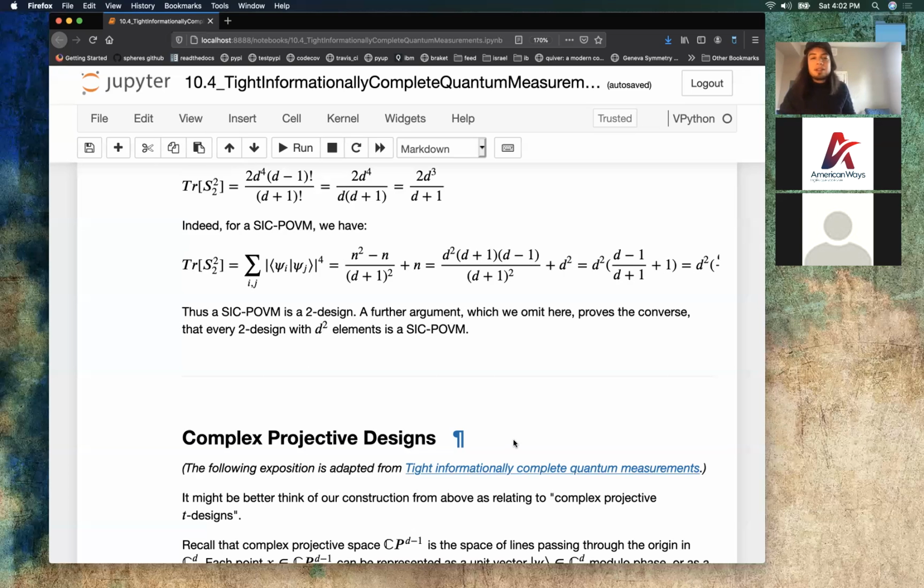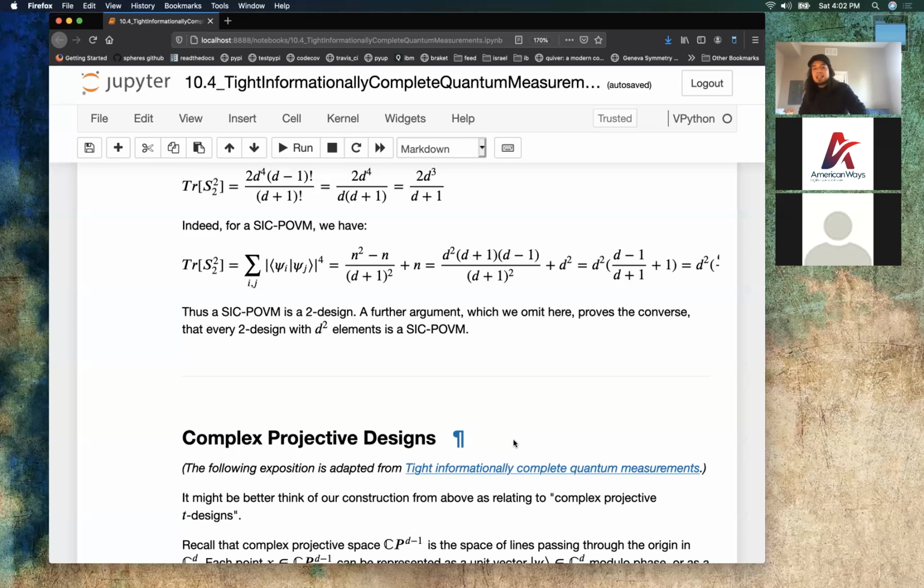So there's these 3 worlds: POVMs, designs, frames. And we're showing that there are very interesting correspondences between them. For example, a 1 design is the same thing as a tight frame. A tight frame is the same thing as a rank 1 POVM.